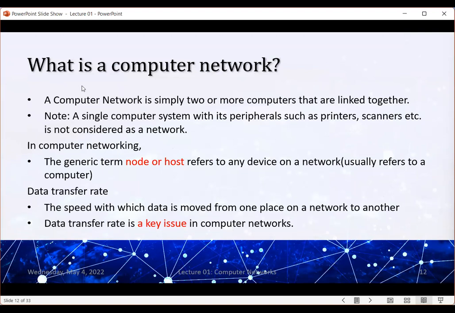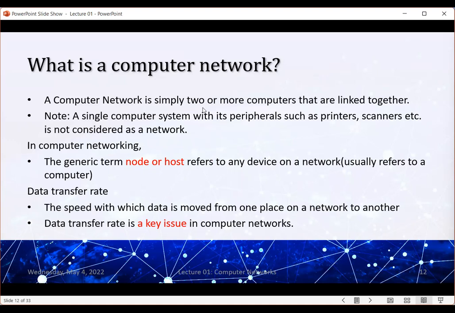Now let's see what is a computer network. Network. What is a network? What is the meaning of the network? What do you mean by network? By a network, not a computer network. What do you mean by a network? Your batch is also a network.